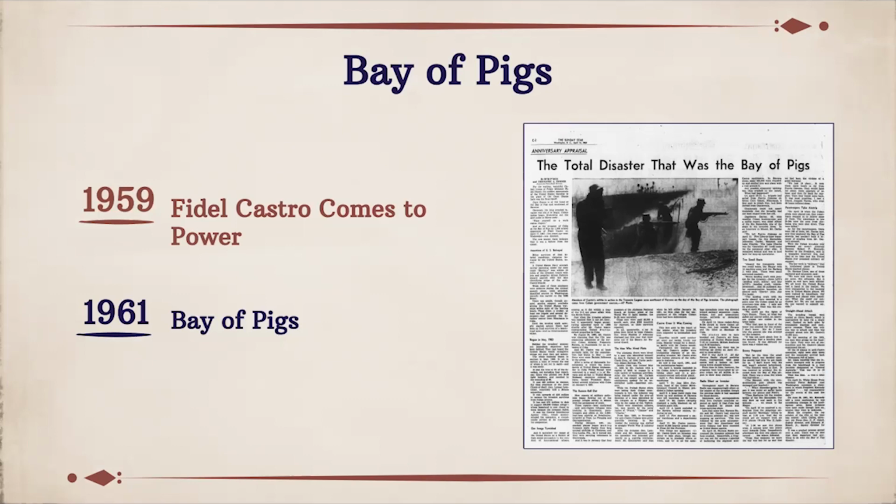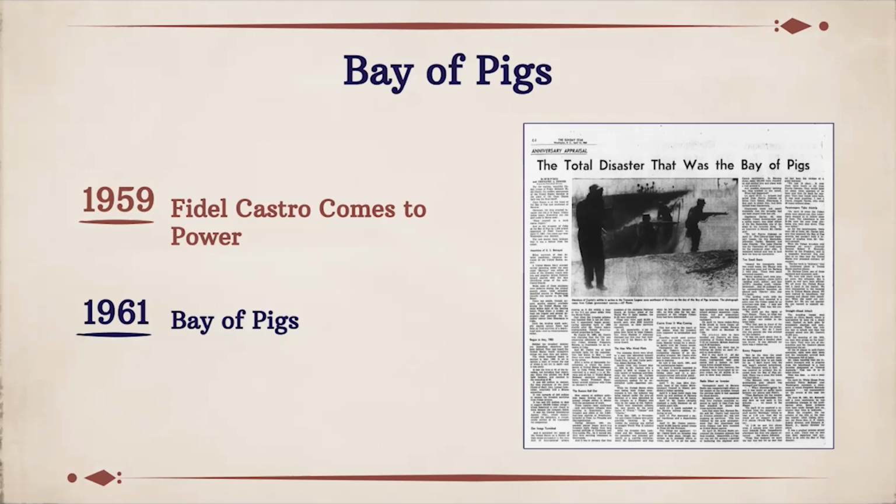The CIA recruited Cuban exiles and trained with them in Guatemala. And then in April of 1961, this plan went into action, and it was poorly managed and ultimately failed.